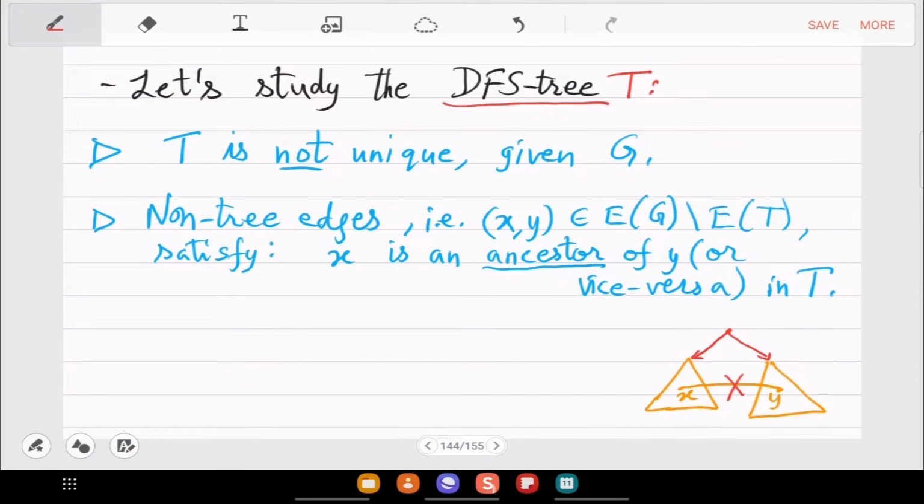So in other words, the statement is that for every back edge x to y, one of these is an ancestor of the other. Either x is an ancestor of y or y is an ancestor of x, which means that it cannot be a cross edge between subtrees. There has to be an ancestral relationship. Is the statement clear? So what is being ruled out should be clear from this diagram. So how do you show this?